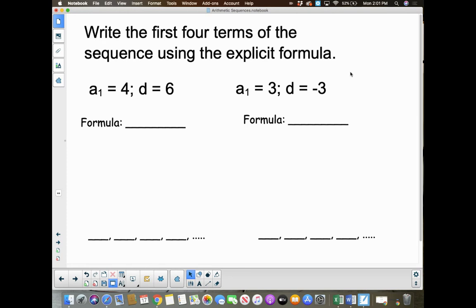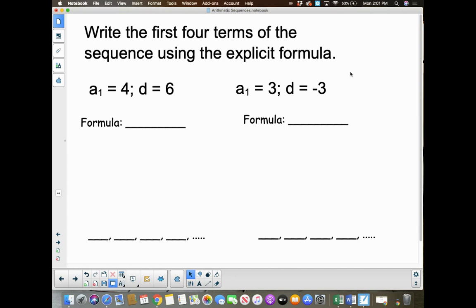I'm going to be picky about how you write these because we are no longer in Algebra 1. We're grown. Let's look at the formula we would use. This formula is one you could give to anybody in the world, and whatever term they want to know, they just plug it in for n and they're done.